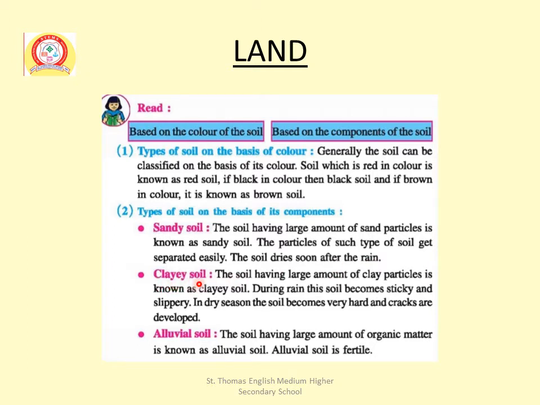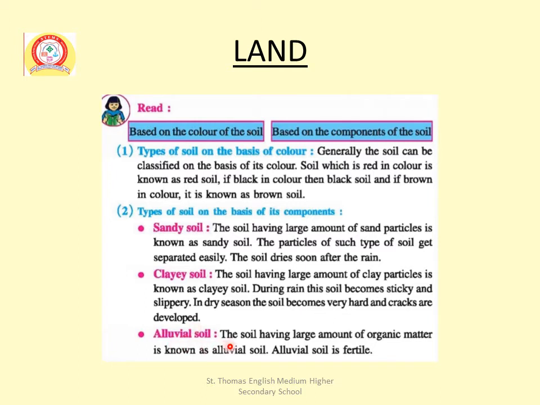Clay soil. The soil having a large amount of clay particles is known as clay soil. During rain, this soil becomes sticky and slippery. In dry season, the soil becomes very hard and cracks are developed.